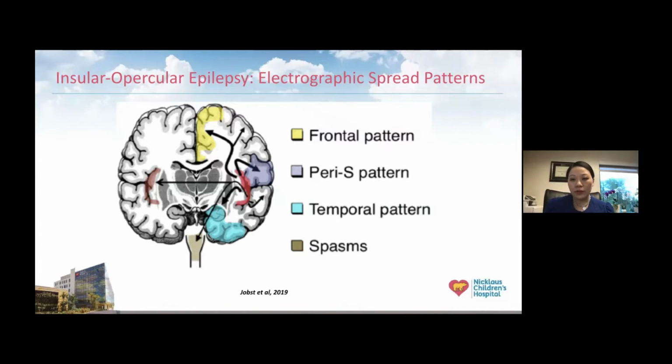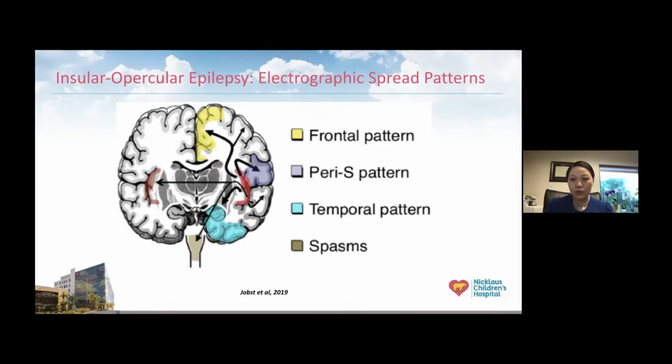So therefore, this understanding of the different kinds of spread patterns really supports the idea that insular epilepsy can be a great mimicker, depending on the pattern of seizure spread. And the semiologies of seizures generated by insular lesions is often described as similar to temporal or frontal semiology.